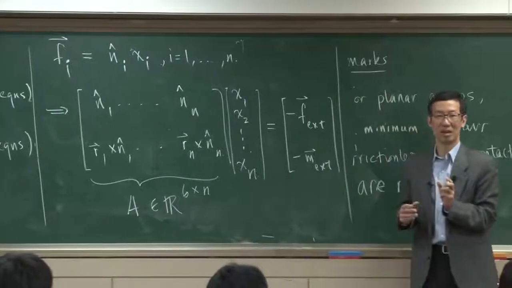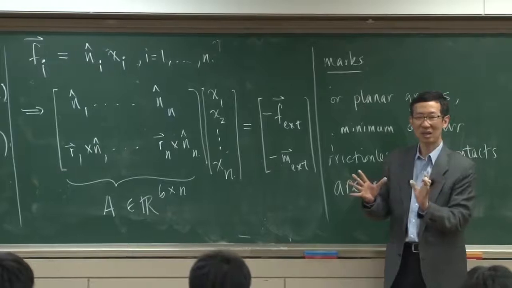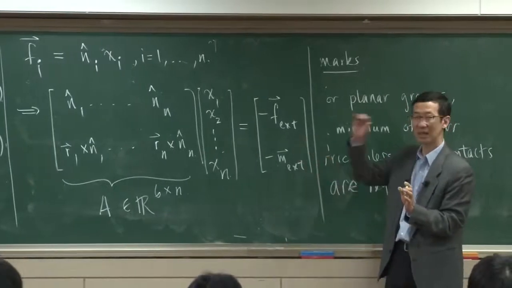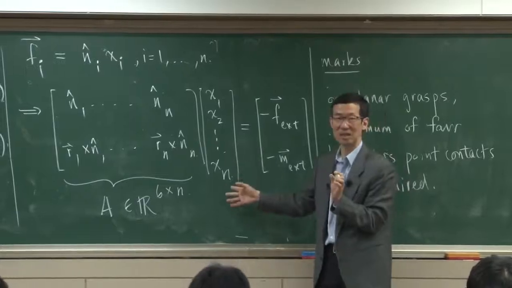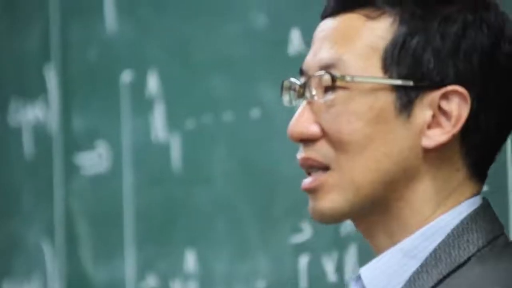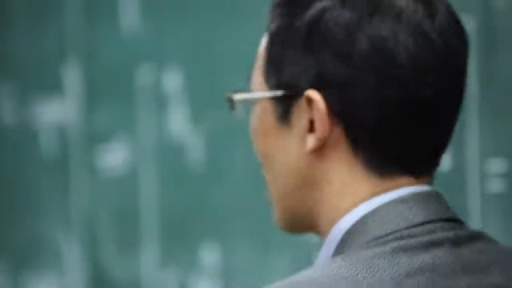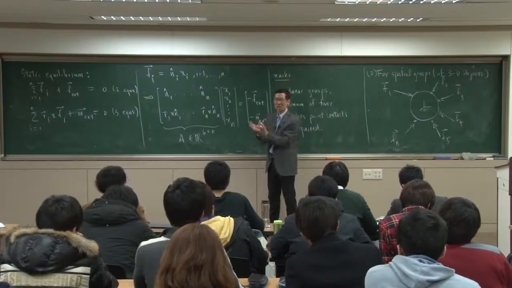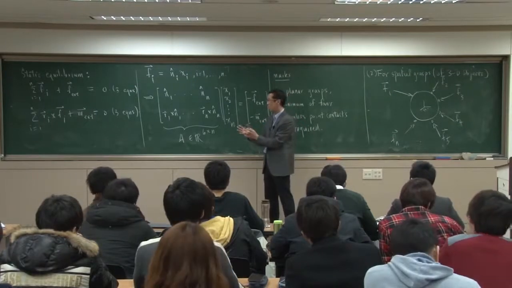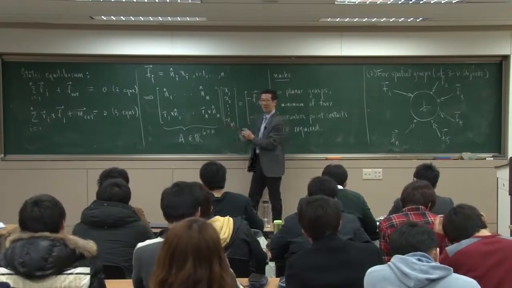The condition for a non-negative solution x to exist is what? That a 6-dimensional open ball centered at the origin must be in the interior of the convex hull of these columns of A.